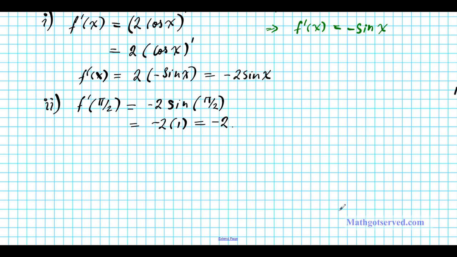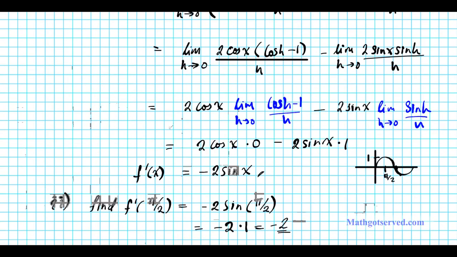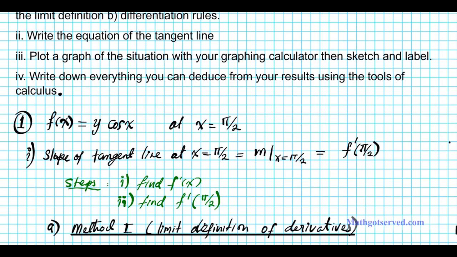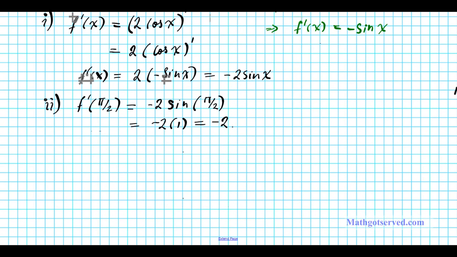Now let's move on to the second part of the question. We're asked to write the equation of the tangent line. So that's part 3. For the equation of the tangent line, we're going to have to make use of a formula.